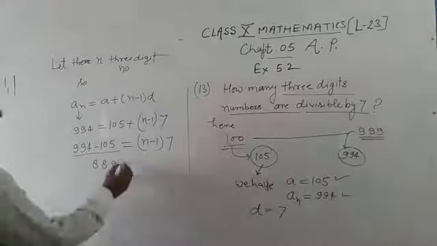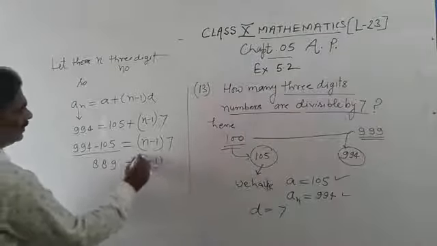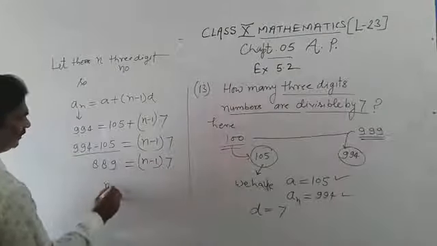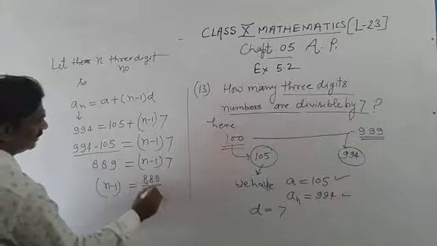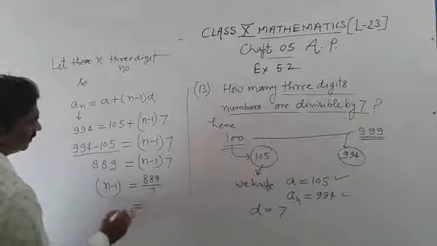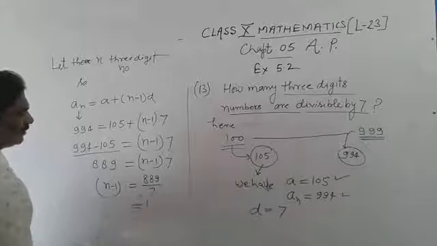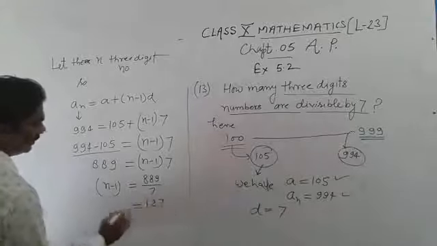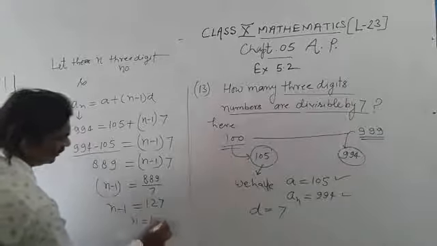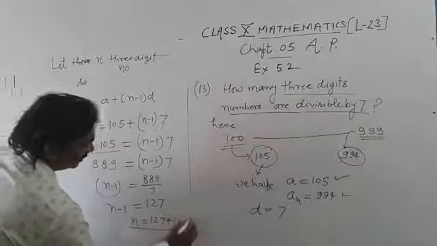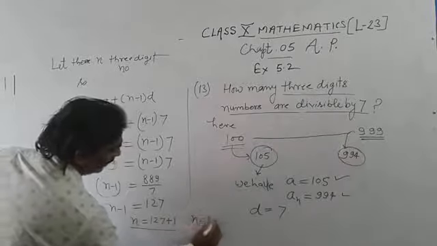Okay, now this becomes n minus 1 into 7, or students, we can write n minus 1 is equal to 889 upon 7. So we will divide it, which gives 127. n minus 1 is this, therefore n is equal to 127 plus 1. So students, n is equal to 128.